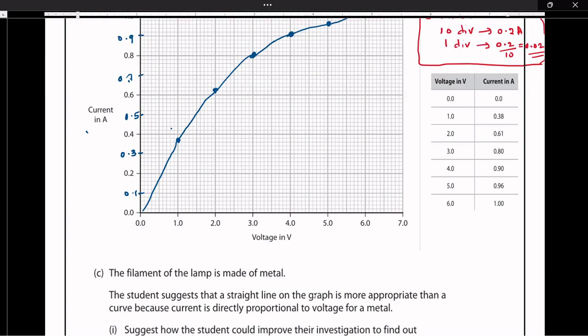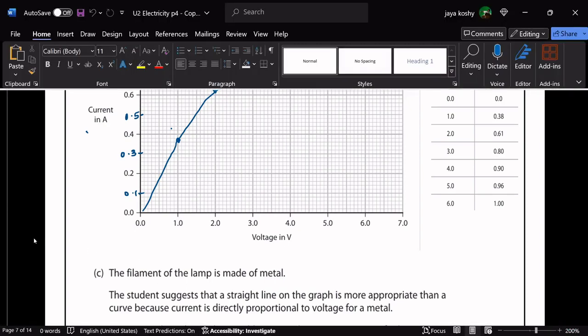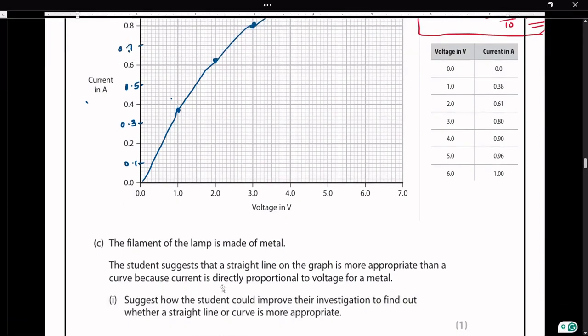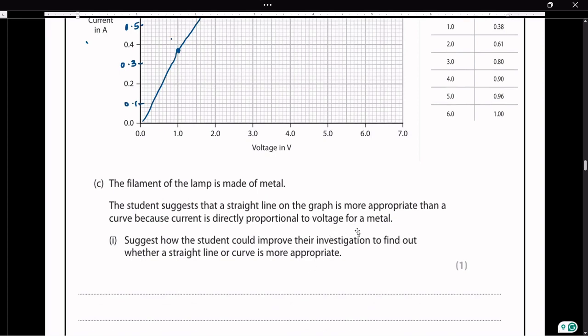Now the question is, the filament of the lamp is made of metal. The student suggests that a straight line on the graph is more appropriate than a curve because current is directly proportional to voltage for metal. Suggest how the student could improve their investigation to find out whether a straight line or a curve.